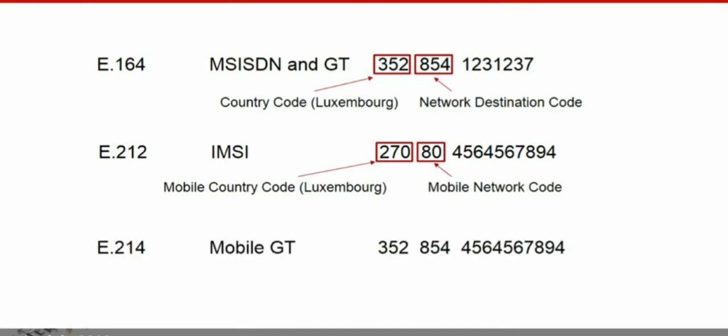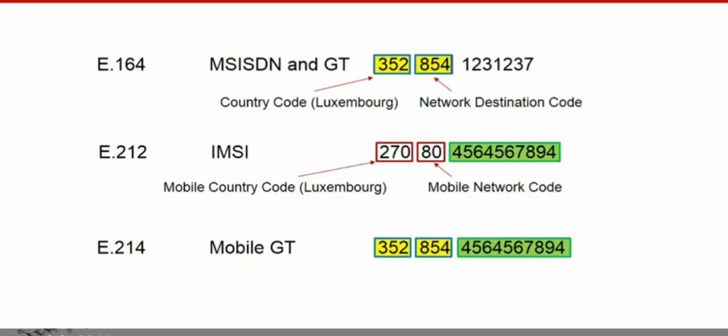The third numbering plan is a combination of the previous two. It also consists of three groups of digits. The first two groups come from the first type. The third group comes from the second type.